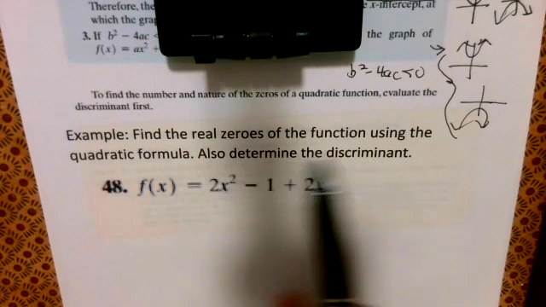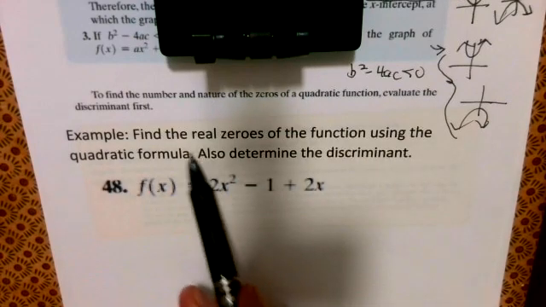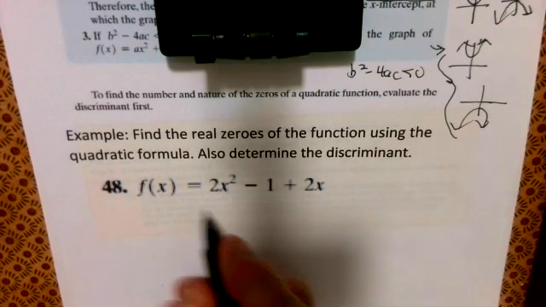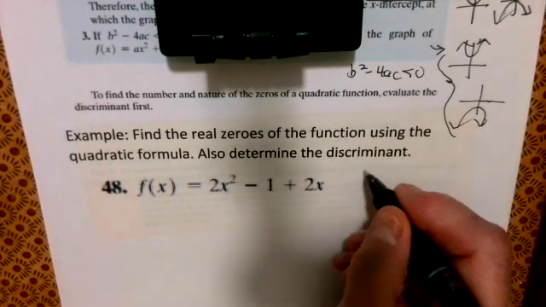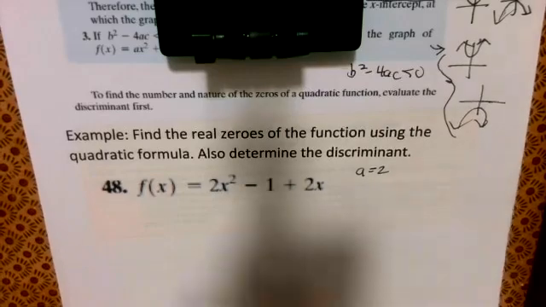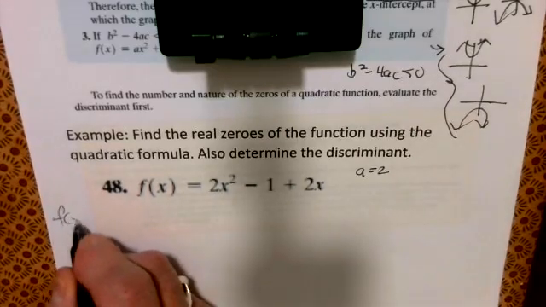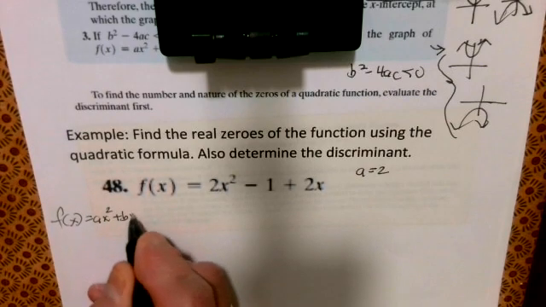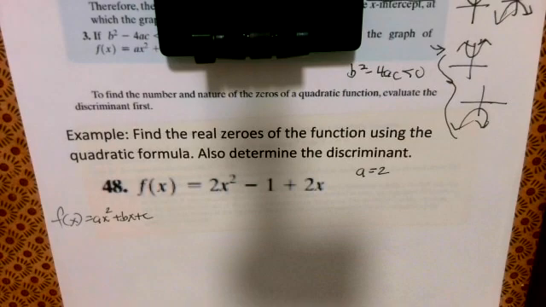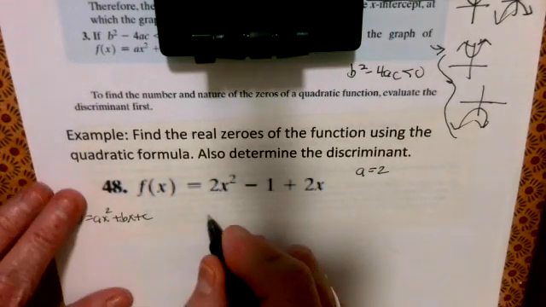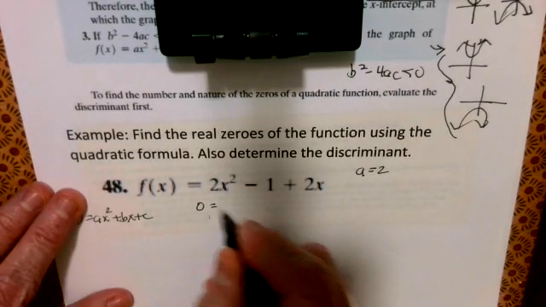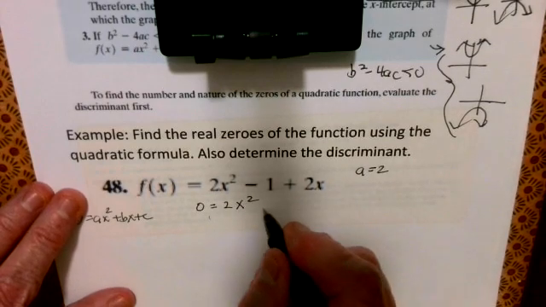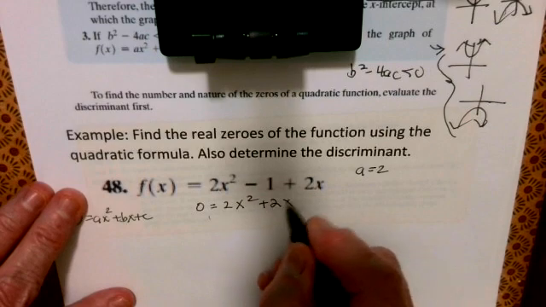So we're going to find the real zeros of the function using the quadratic formula, and also determine the discriminant. So let's look at the b squared minus 4ac. First of all, a is equal to 2, because we want it in the form ax squared plus bx plus c. If it's not already in that form, and this one isn't, let's go ahead and set it equal to 0. This is something that tricks people a lot of times.